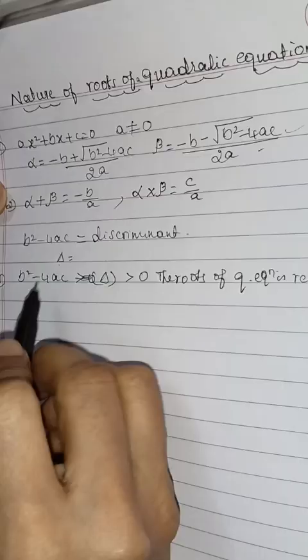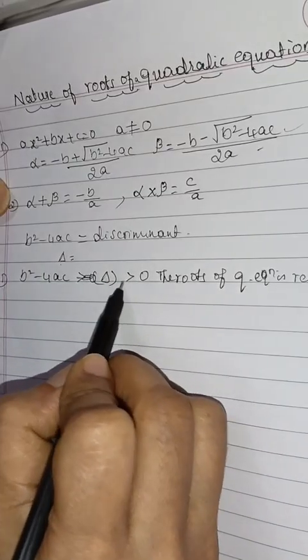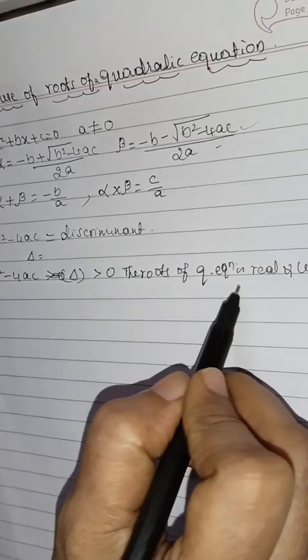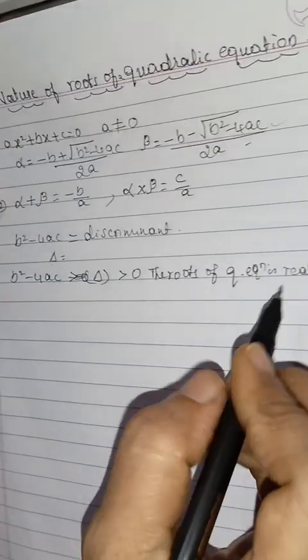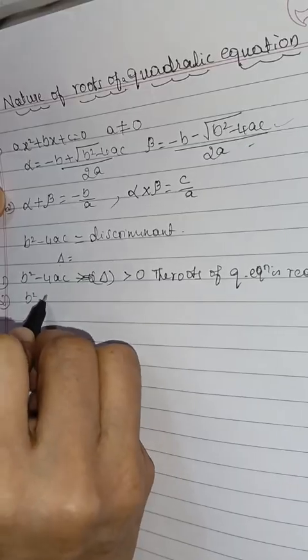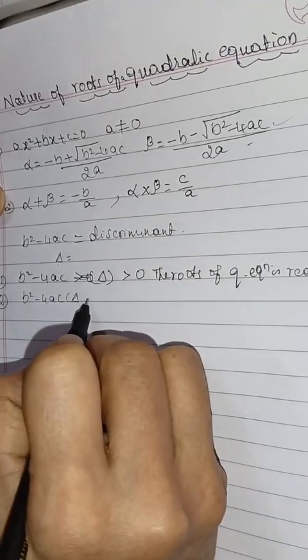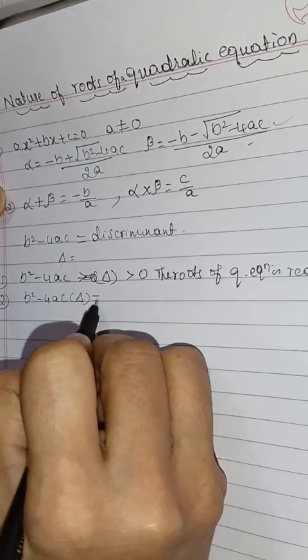When b square minus 4ac is greater than 0, delta is greater than 0, the roots of the quadratic equation are real and unequal.